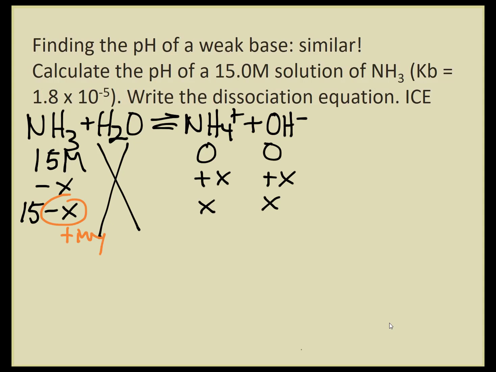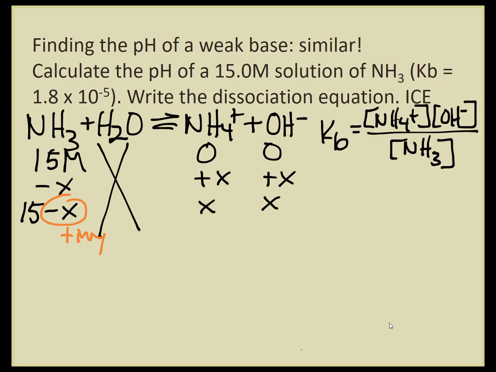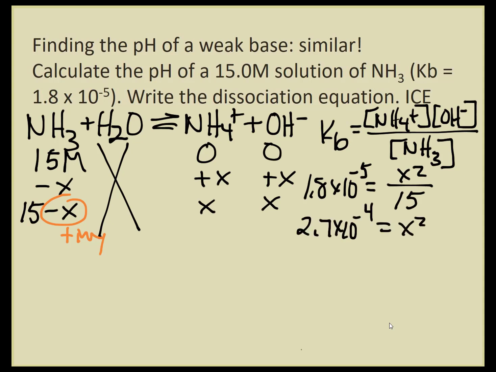And then let's write our Kb equation. Remember, don't put water into this equation. Put in what I know. So I know my Kb, and I have x squared divided by that 15. Let's go ahead and simplify. And then I'm going to square root both sides. And I get 0.0164 as my x, and this is my OH minus.